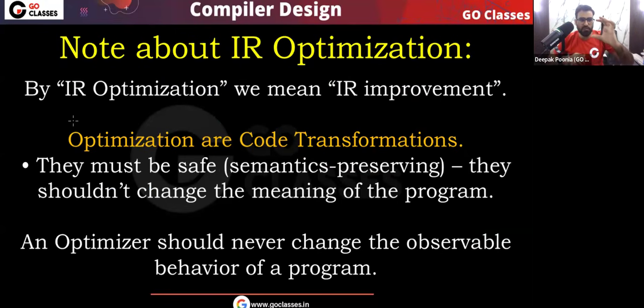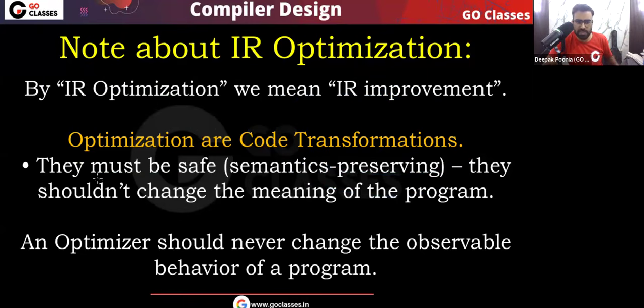We have our code, we want to make it smaller so that it will need less memory and less space. We want to increase the execution speed, so it should take less execution time and less power consumption. So in optimization there is transformation involved, means we want to transform our intermediate code to an optimized intermediate code. You can see optimization is basically code transformation.